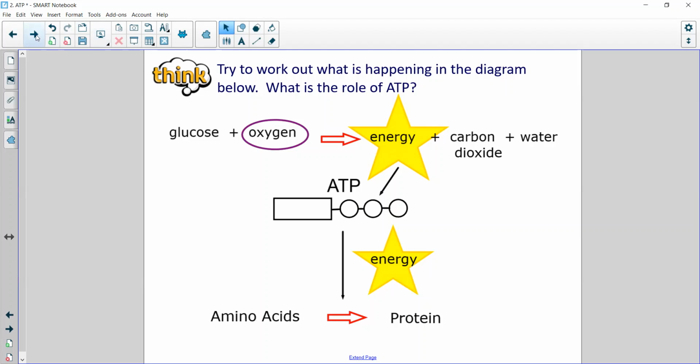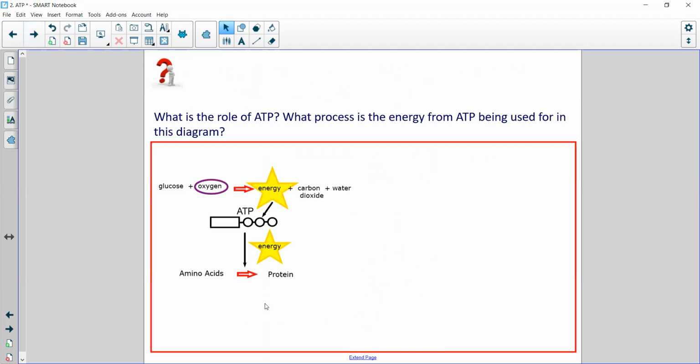What's going on? We need to have a little think about that, because the role of ATP is really important, something that you could be asked about in an exam. What ATP is basically doing is it is a molecule that is linking this energy releasing reaction, respiration, and this energy consuming or energy using reaction, such as protein synthesis.